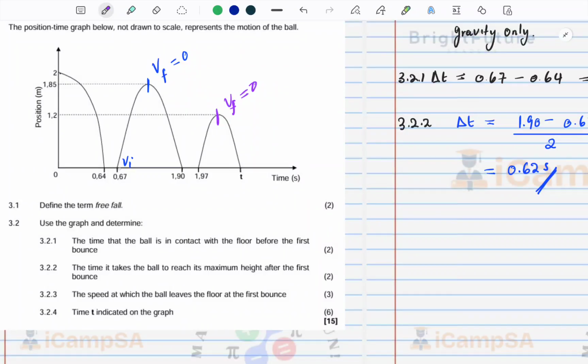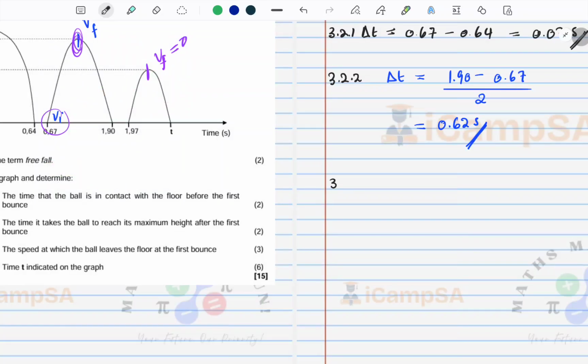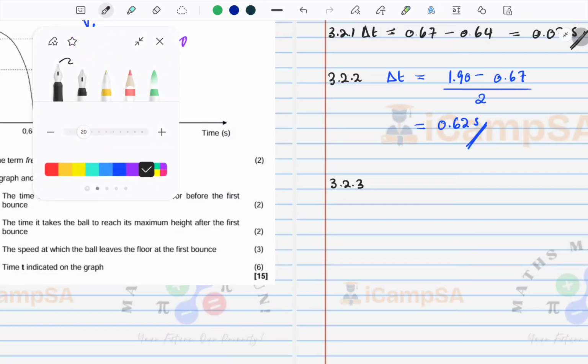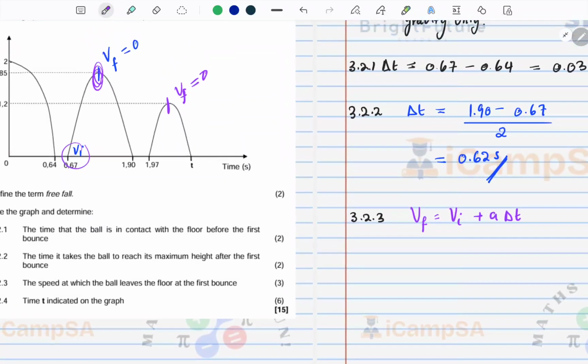So now what do we have? We've got the time it took the ball to reach this height, and we are looking for VI. So I can come back and say 3.2.3: VF equals VI plus a delta t. I have the time it took to get to the maximum height. I have VF also, I just need VI. VF is 0, VI is what I'm looking for.